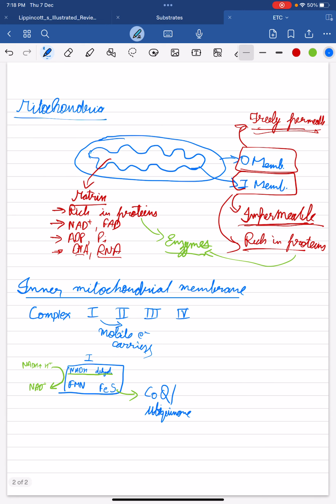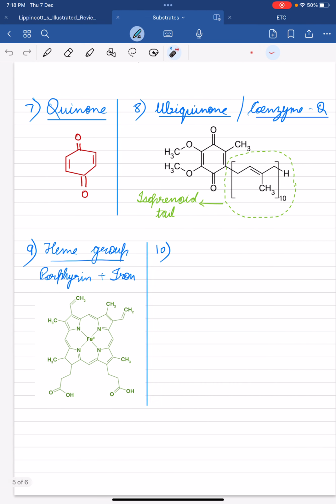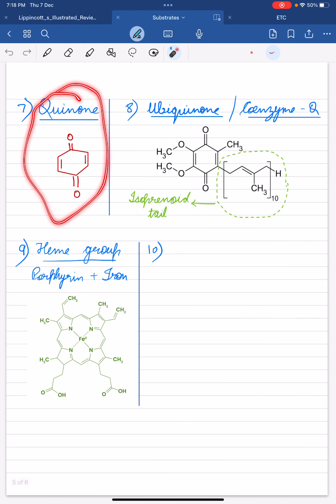So this is a quinone, as its name suggests. It's a quinone derivative. So quinone was actually something like this, and this compound got some extra groups. Yeah, here we have quinone.